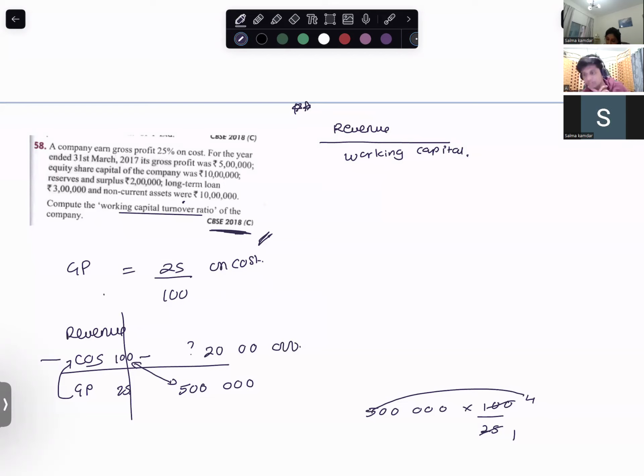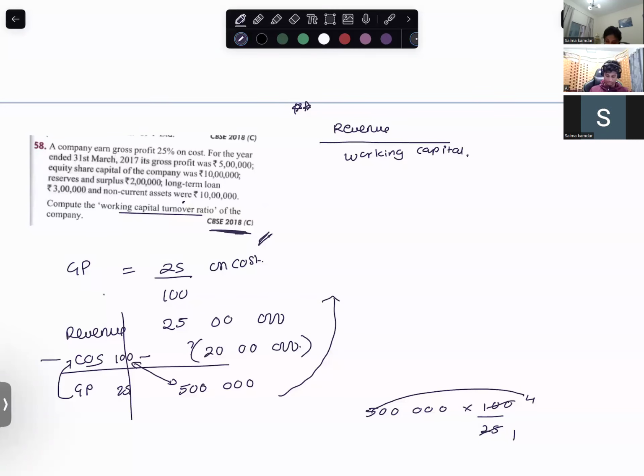So my revenue will become how much? I'm going from down to up. Reverse. So my revenue will become 25 lakh. First think about it, do it, then we'll proceed ahead.